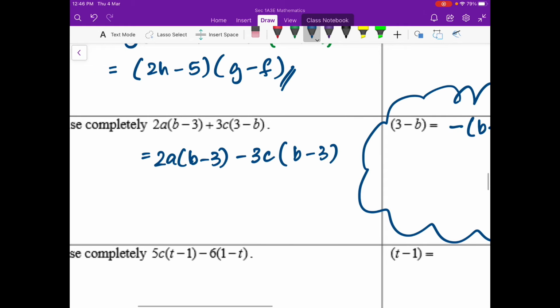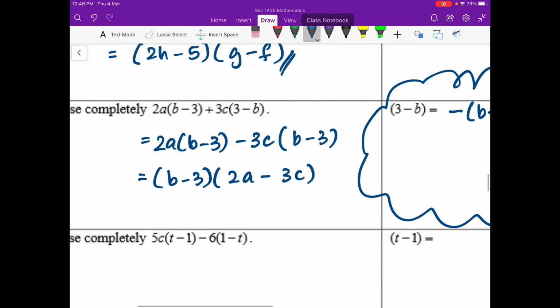So take note of the difference. From positive 3c, it became negative 3c. Why was there a change in sign? Because I needed to change the sign in the second bracket. Why do I need to change the sign in the second bracket? Because I need the same factor that was found in the first term. And now, we have a common factor of b minus 3. Remove that, leaving us with 2a minus 3c.